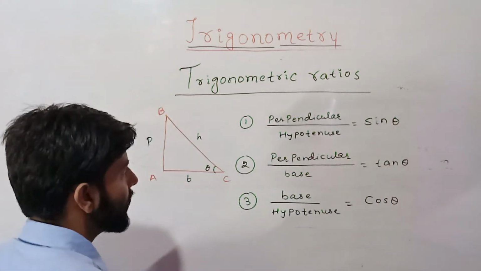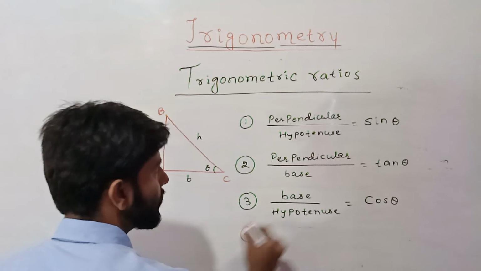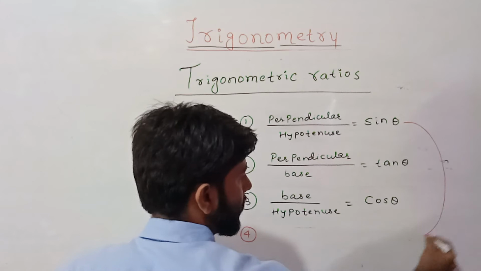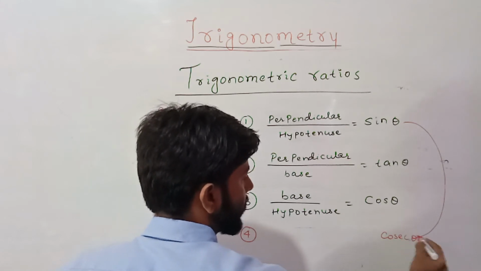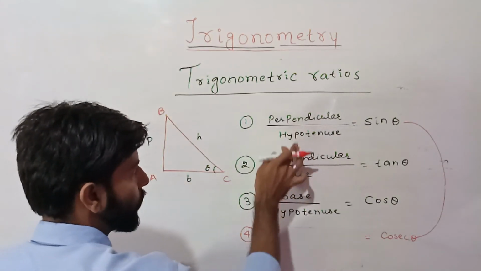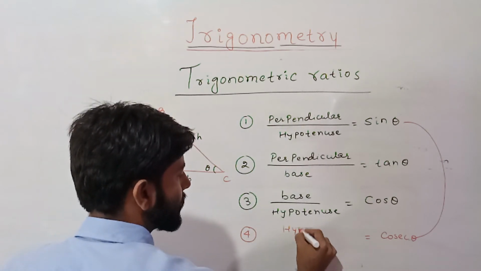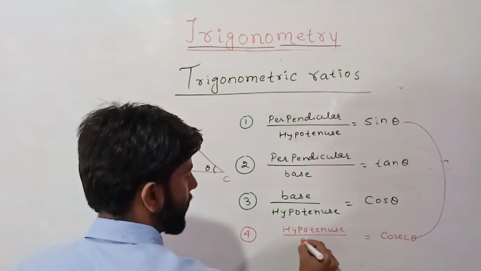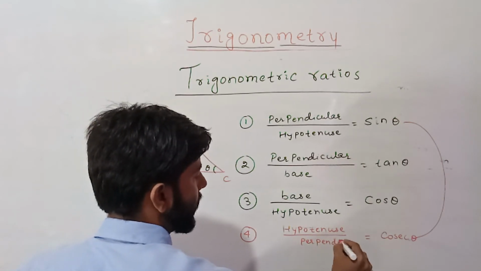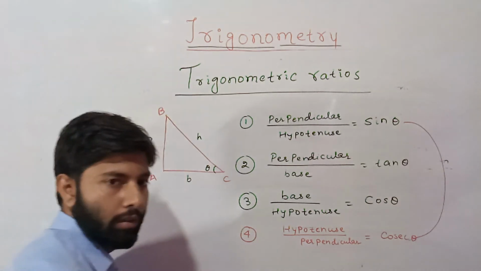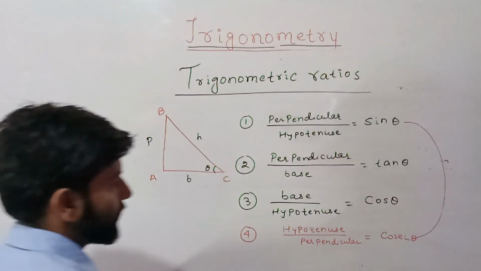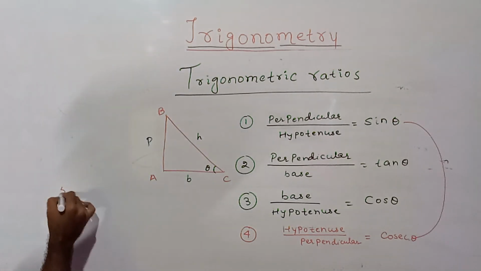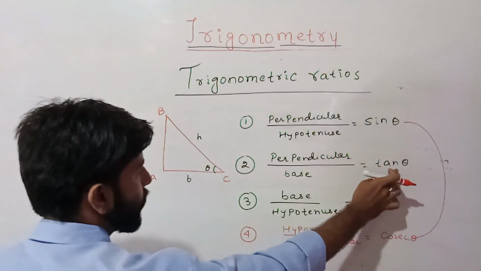Suppose if we talk about the reciprocal of sin theta, then it will be cosec theta, which equals, you have to reciprocate here, hypotenuse upon perpendicular. Now the fifth will be the reciprocal of tan theta.